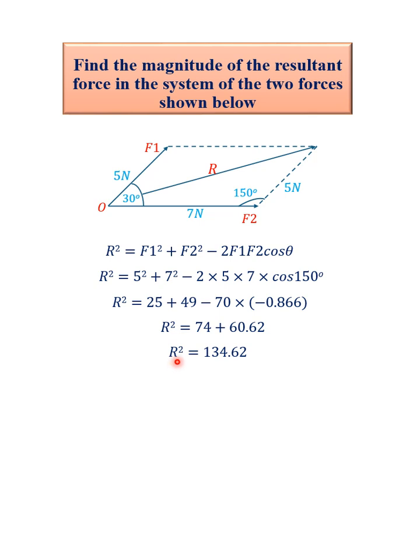So to obtain R, this square will cross the equation sign to form a square root, so that R is equal to the square root of 134.62. We are taking only the positive value of the square root because the negative is invalid in this scenario. So the square root of 134.62 is equal to 11.6, and that gives us the resultant force as 11.6 Newton, and this is the final answer.